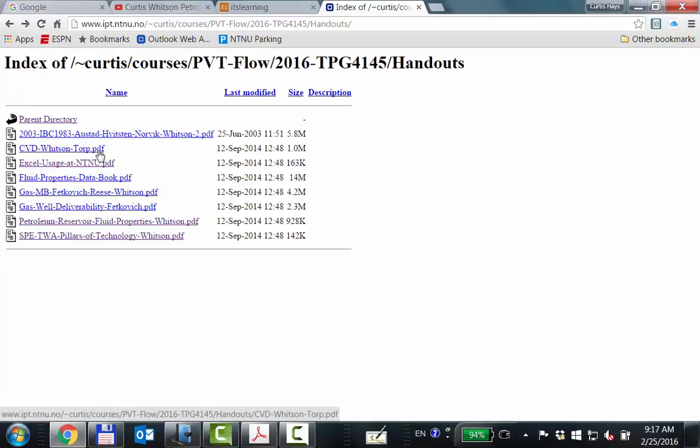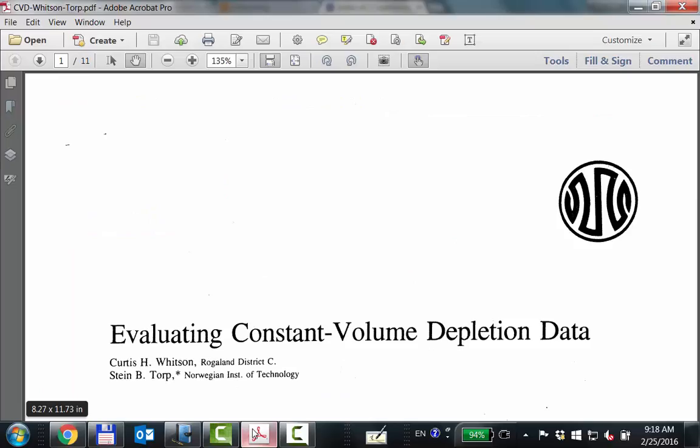So this paper covers a lot of what's the topic today in more detail than you probably need. But at the same time, that paper is also the paper where we introduced the method for creating general black oil PVT tables, which is still used in pretty much all the software and in the industry today.